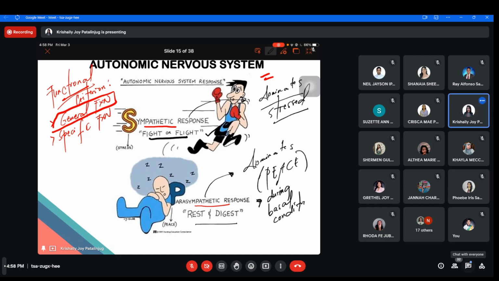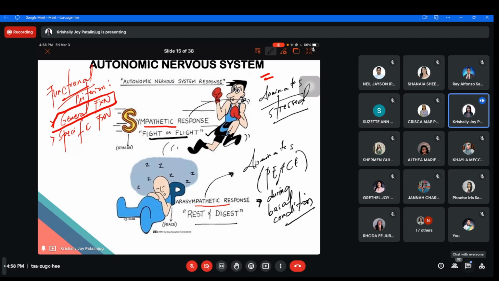Okay. So, yan po yung sa parasympathetic. It dominates at basal, normal na kondisyon ng body. Okay? Now, what do you mean by these general functions?